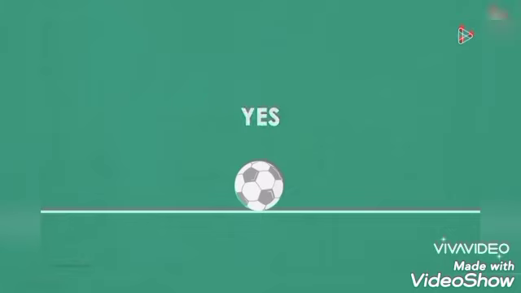The answer is yes. There are forces acting on this ball. There is gravitational force, which is a downward force. It acts in the downward direction and pulls the ball towards the center of the earth.